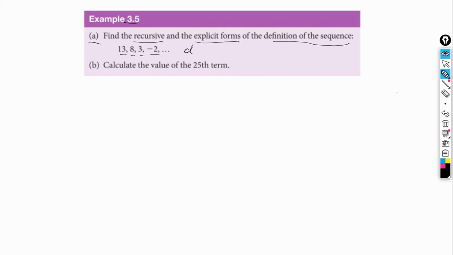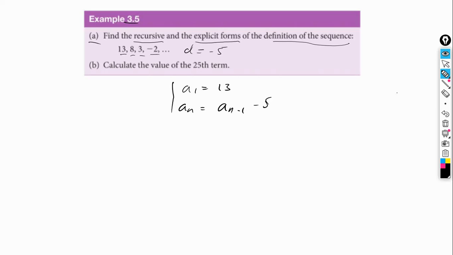So the common difference would be -5. The recursive way of saying this would be: the first term is 13, and the nth term is going to be the previous term minus 5. So that would be the recursive form of the definition of the sequence.